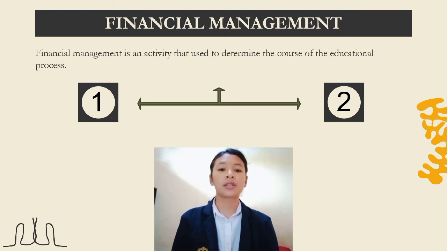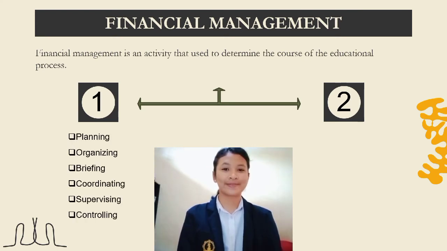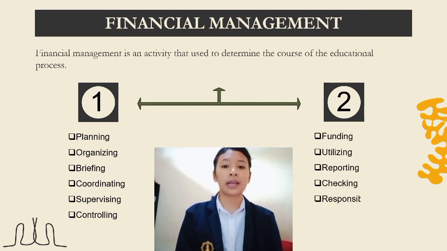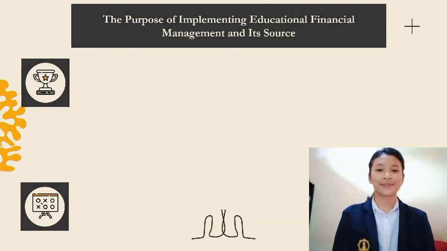There are two parts of financial management in education. The first part is planning, organizing, briefing, coordinating, supervising, and controlling. While the second part is funding, utilizing, reporting, checking, and responsibility.